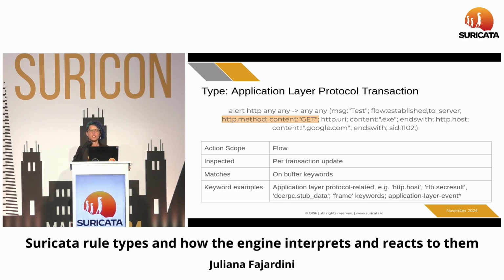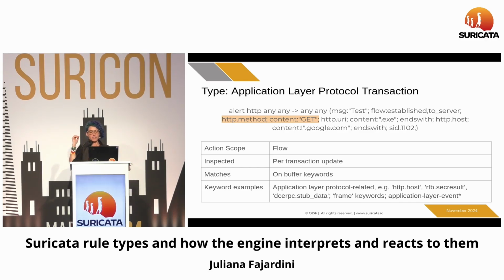So alert HTTP, you can match on the HTTP method, looking for content GET, HTTP URI, content an executable, and then you certainly have a transaction, and you would avoid what I just mentioned. So the action of a rule like this is the whole flow.